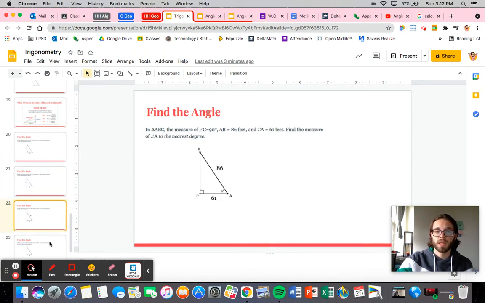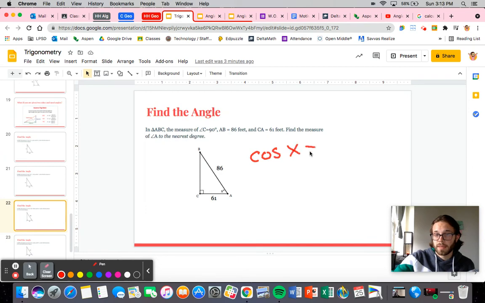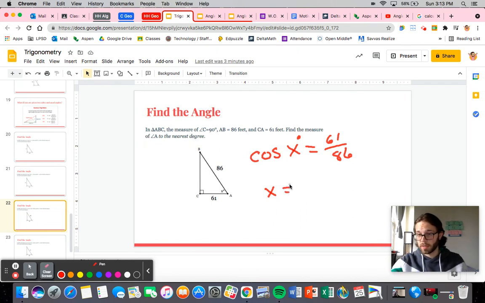Another one here, now we are given an adjacent and a hypotenuse, so we are dealing with cosine. So you know that cosine of x is equal to 61 over 86. So that means, again, when we need to solve for the angle, you use inverse trig, okay? So the inverse is just essentially undoing the process, and it gives you the angle that results in that ratio.